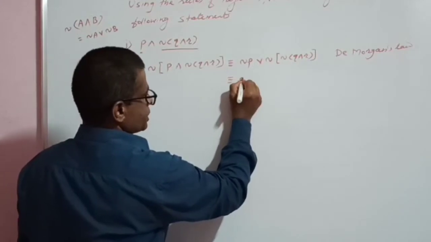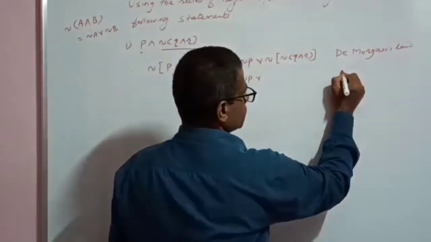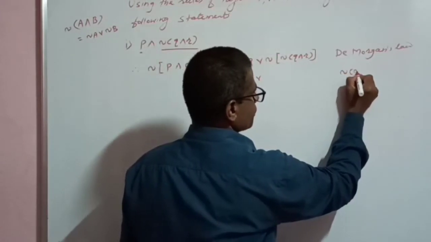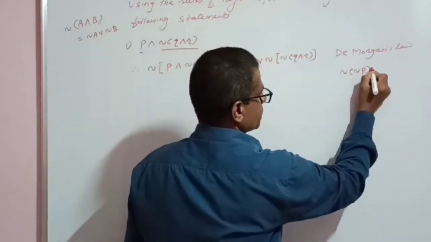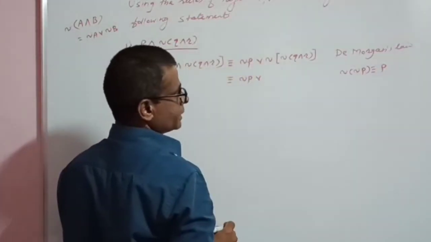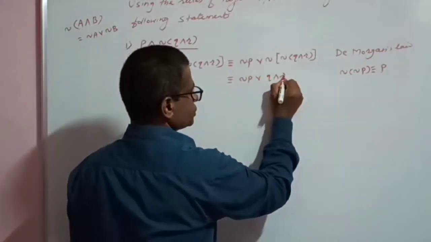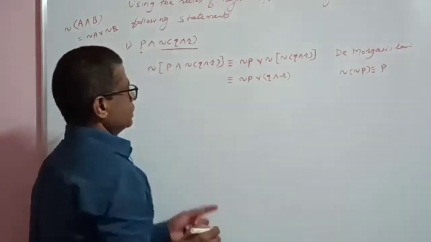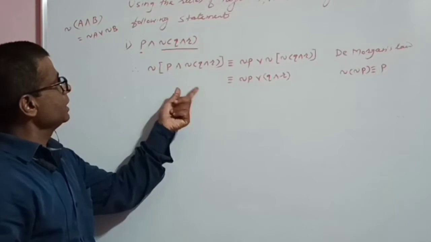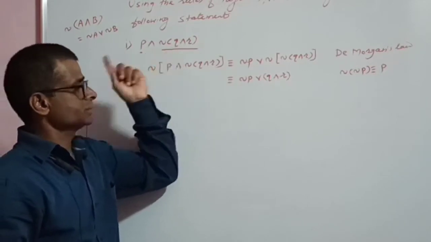So that is negation of P disjunction. Negation of statement P is always equal to the statement P only. Means what will we get here? We will get Q conjunction R. So this is the negation of the given statement P conjunction negation of Q conjunction R.